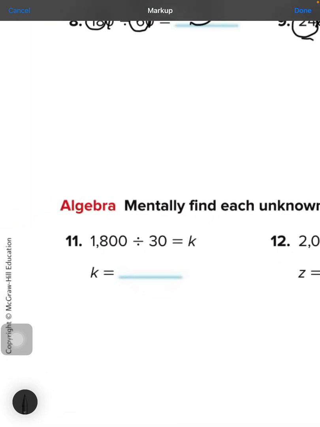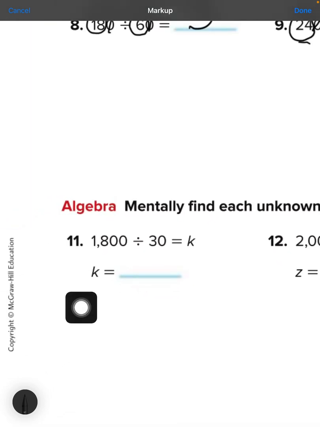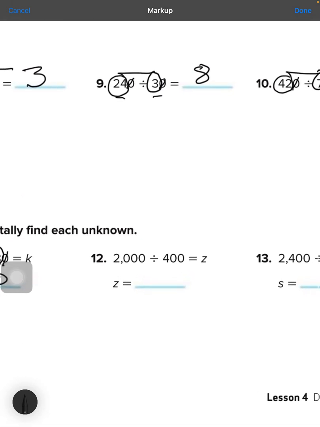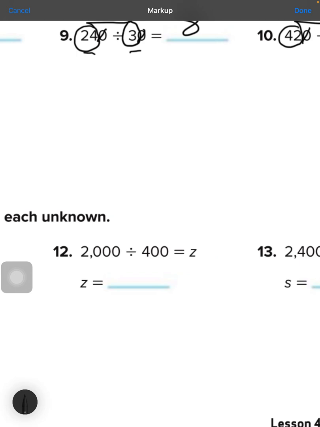Number 11, algebra. Don't worry, we can do this. And I want you to notice they both have zeros. So we can cross off a 0 here and a 0 here. So now we have 18 divided by 3, and I know that's going to be a 6. Bring that 0 down. K equals 60. Number 12, we can cross off 2 of them. Look at that. That's awesome.